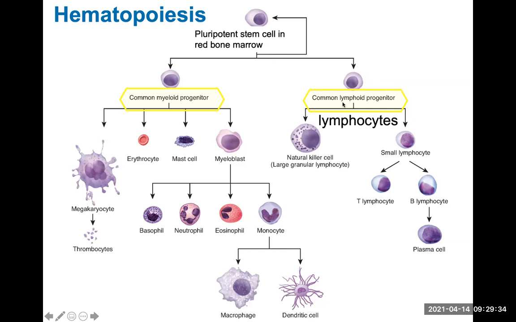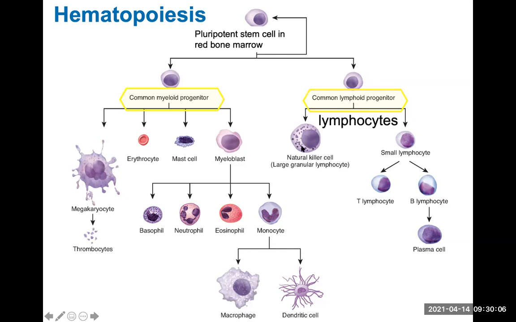Now, the lymphoid progenitor makes your lymphocytes. So that's a nice name, right? Lymphoid makes your lymphocytes. And the lymphocytes are going to be either a T cell or a B cell. But also, and this is where it can get confusing, the natural killer cell is also made from this lymphoid progenitor.